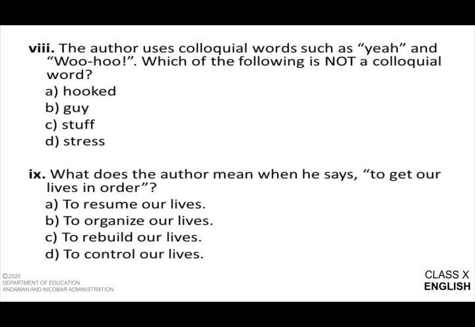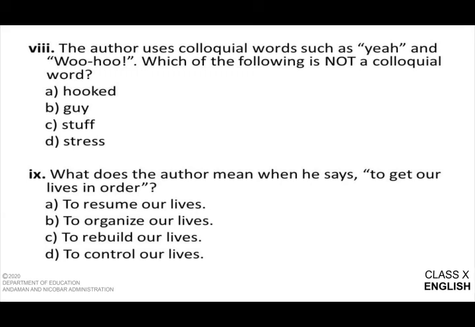The author uses colloquial words such as yay and woohoo. Which of the following is not a colloquial word? Colloquial word means, children, words which are not formal, which you use informally, when you talk with your friends and sometimes with your family members. You do not use colloquial language when you are studying or writing answers.